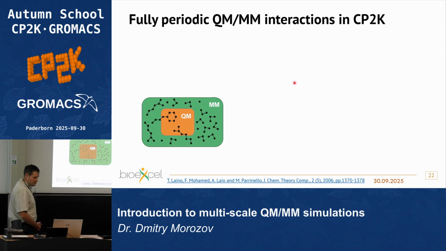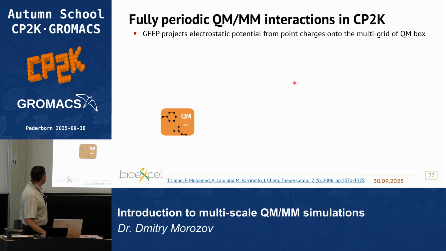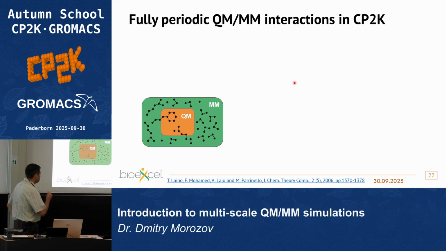Also, one of the main features of the GROMACS CP2K interface is how the periodic QM/MM system is treated. And this is not really trivial. It is done in this paper, and it works like this. First, you have your QM system and you have your MM system.